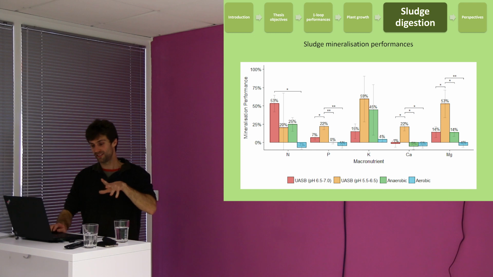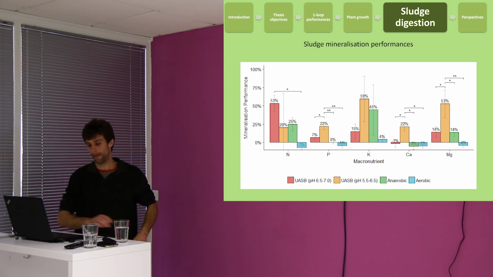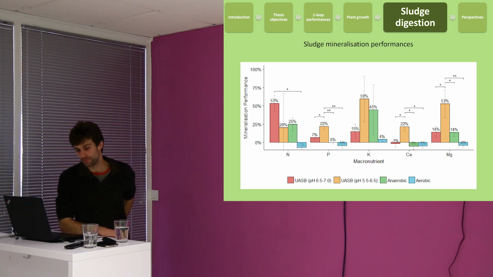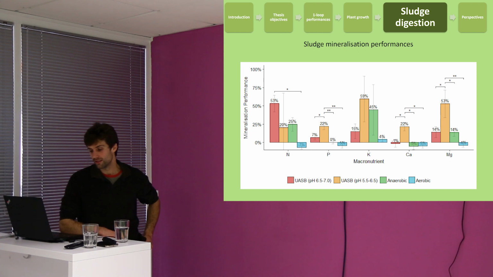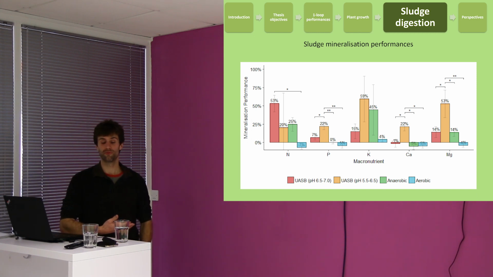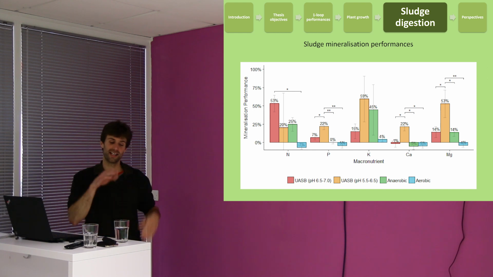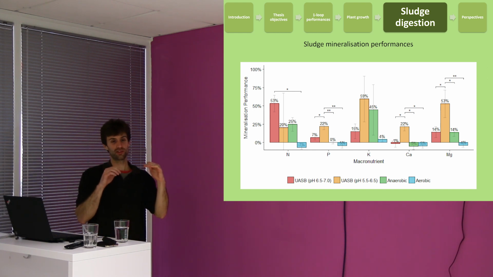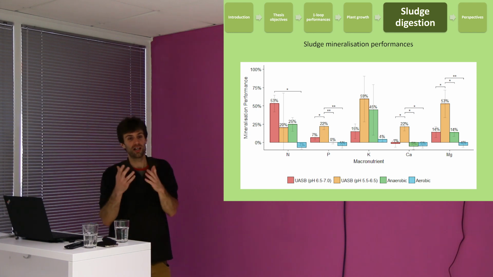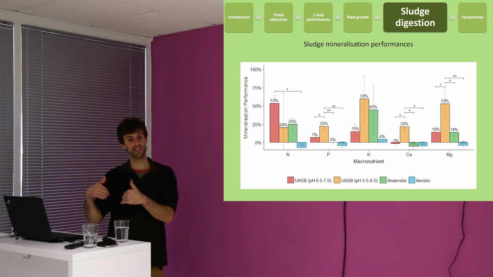Are you okay with this? Do you have any idea why the pH dropped in this one reactor? It's actually that the fermentation process stopped, and you have an increase of volatile fatty acid production. It's the first stage of fermentation, of anaerobic digestion. You have a production of volatile fatty acids, which are acids, so they lower the pH.